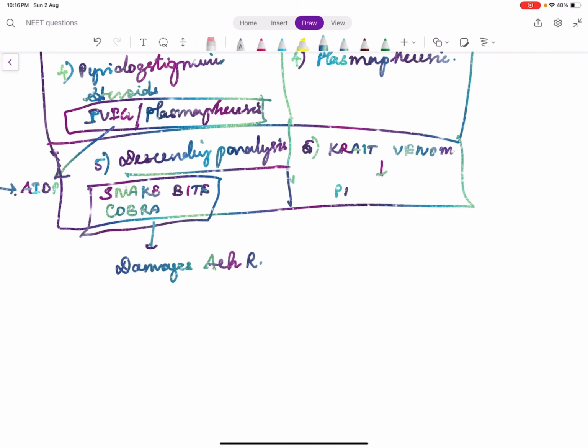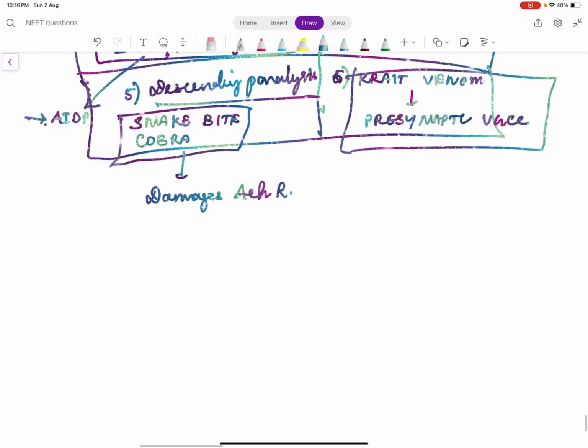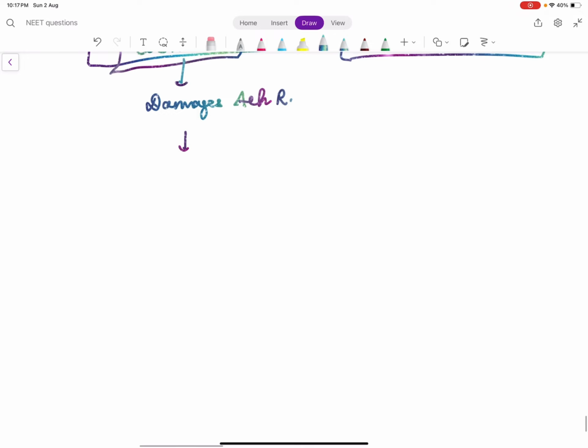Because krait causes presynaptic damage, it damages the presynaptic voltage gated calcium channels, right? Now you can understand, since myasthenia gravis is a postsynaptic damage and it is similar to the cobra snakebite, you can very well understand why neostigmine has a role to improve muscle weakness in cobra snakebite.